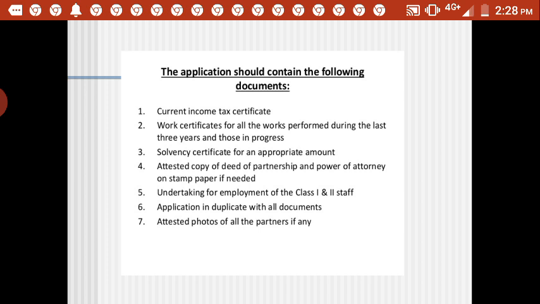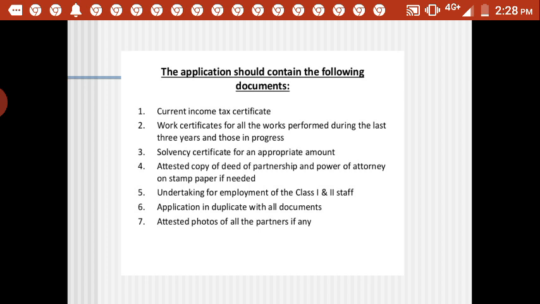Then an undertaking for the employment of class 1 or class 2 staff, based on whether you are a class 1 contractor or a class 2 contractor. Then the application in duplicate with all the documents.